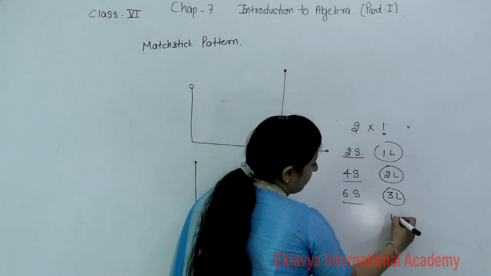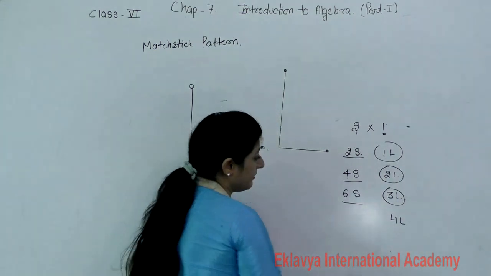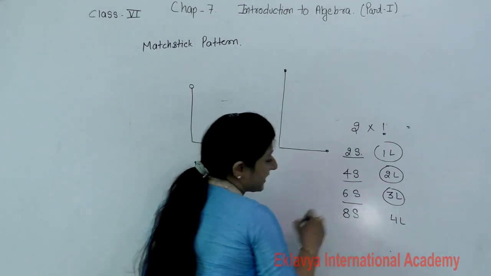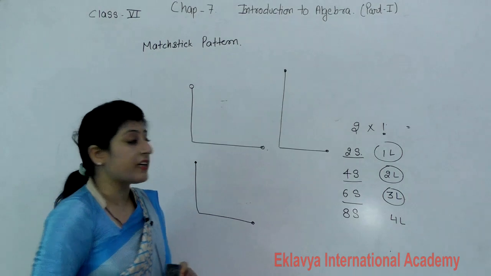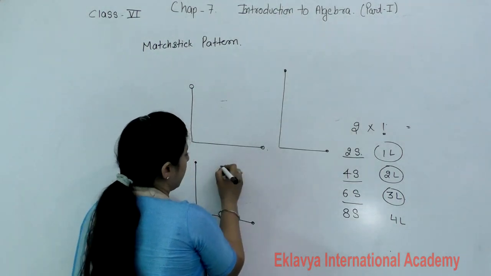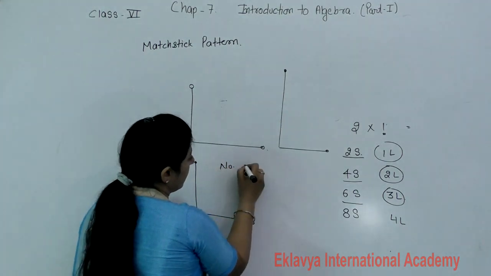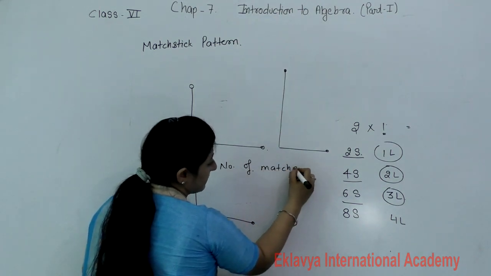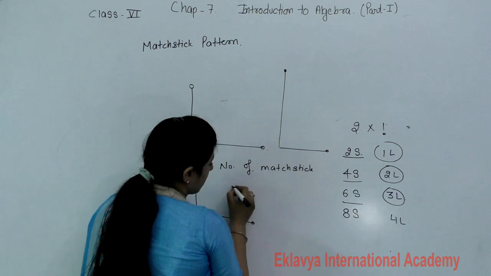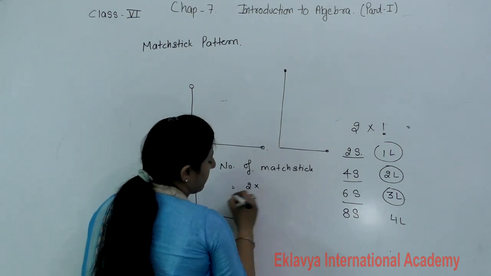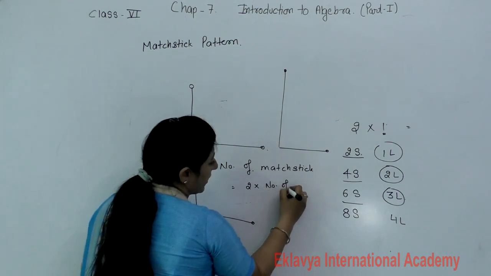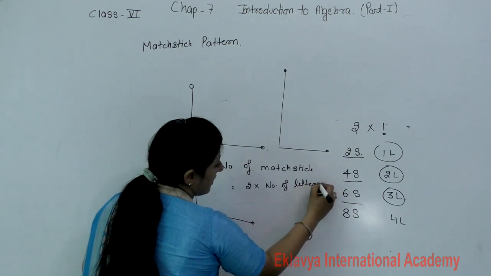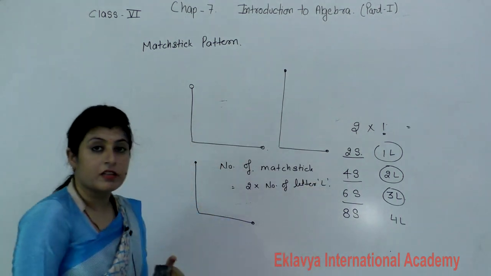It means for 4 L we need 8 sticks. So it becomes a pattern. It means if we write down that number of matchsticks is equal to 2 multiplied by the number of letter L.